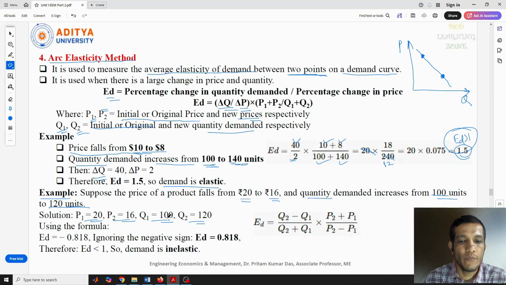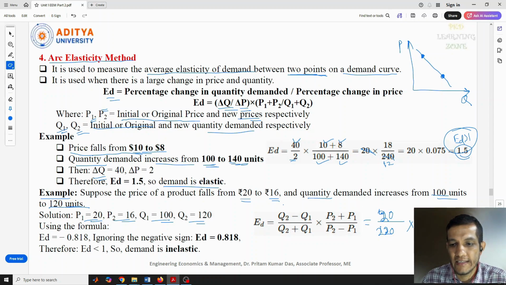So this is del Q. Here we can write 20 minus 16, which is 4. And for quantity, 120 minus 100, that will be 20. 20 divided by, this is 120 plus 100, this is 220, into P1 plus P2.